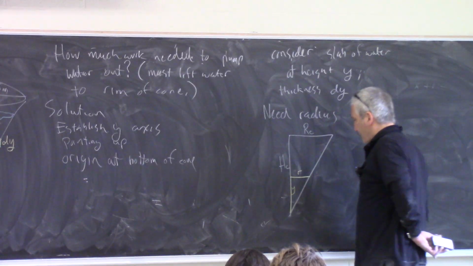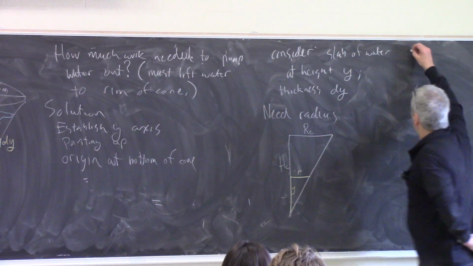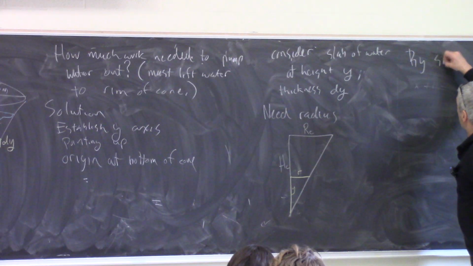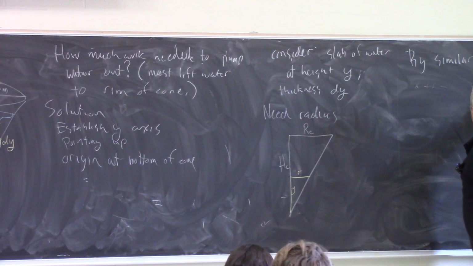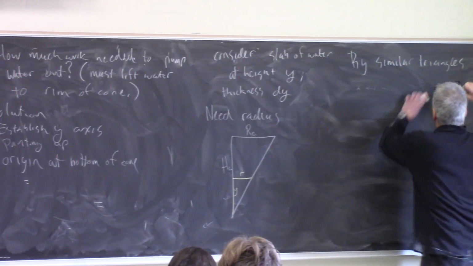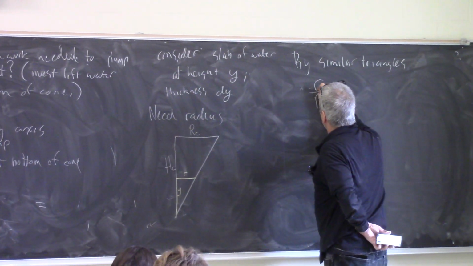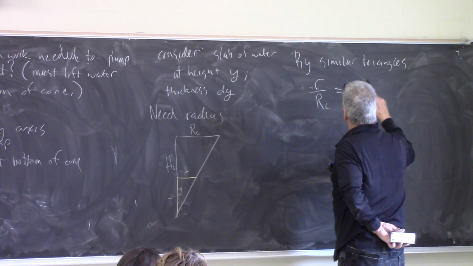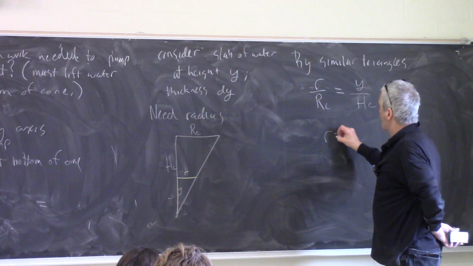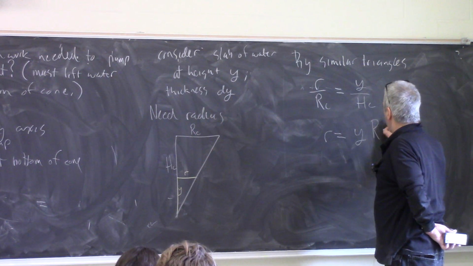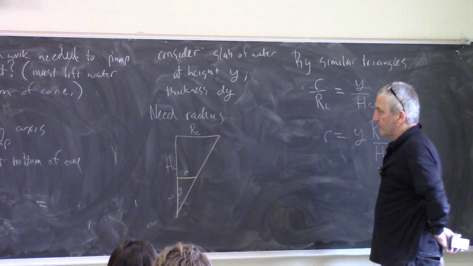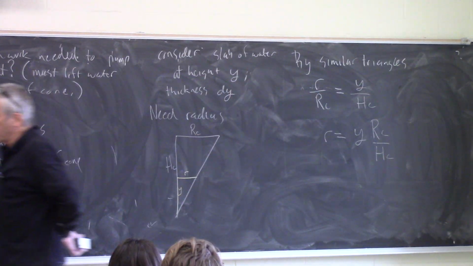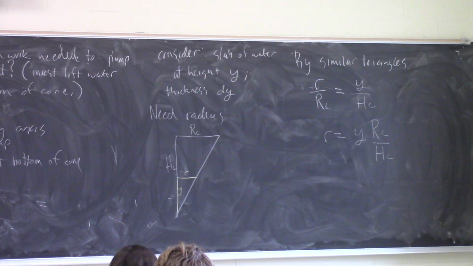By similar triangles, we get that little r over capital RC equals little y over capital HC. So little r is equal to y times capital RC over capital HC. Those are numbers, but I don't care. I just want to keep the symbols. So that's the radius of the disk.